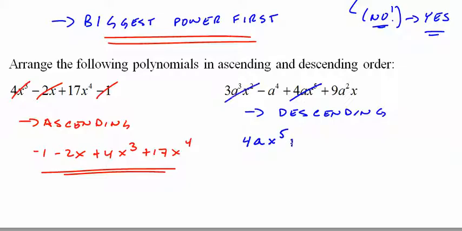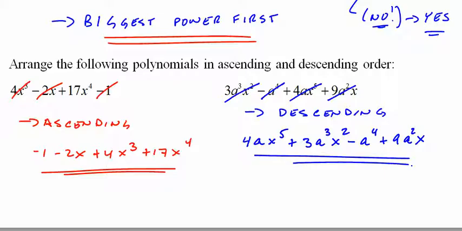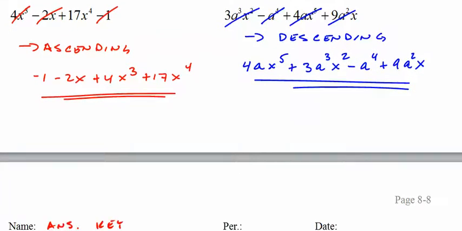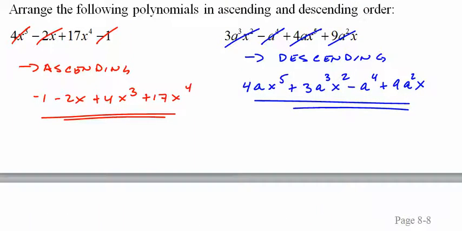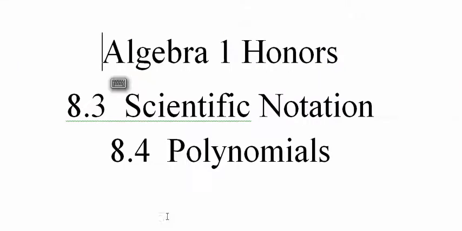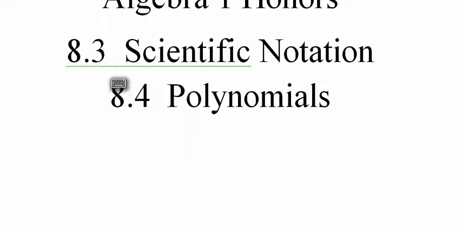Plus 3 minus a to the fourth plus 9a squared x. There you go, ascending and descending order. That is it. Go do some problems. And happy mathing.